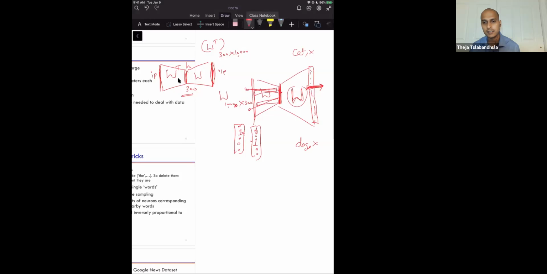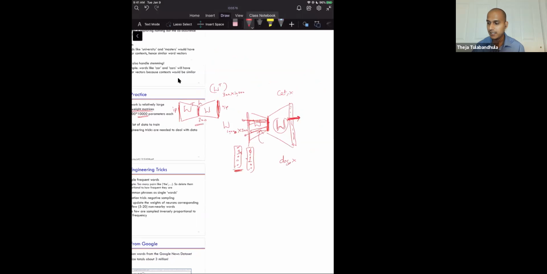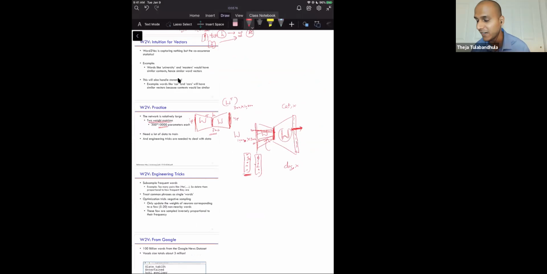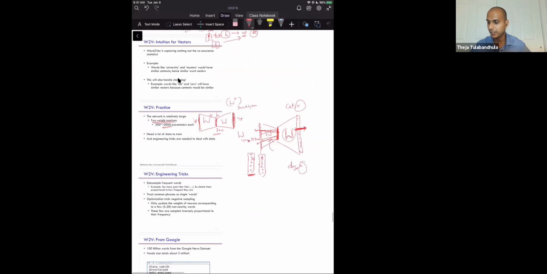The parameters will capture that because the input is constrained to be just one-hot encoding. These are fixed. The only thing that can change is the entries of W. Now you can change the entries of W so that both cat and dog lead to the same high probability output. I'm just reverse engineering why you would find similar vectors for cat and dog. You'll have some contextual overlap in your training data, and you want to produce the same high label for X for both these examples.